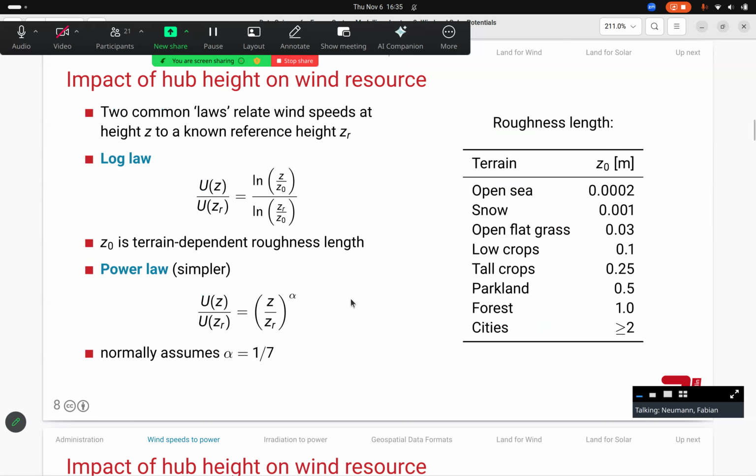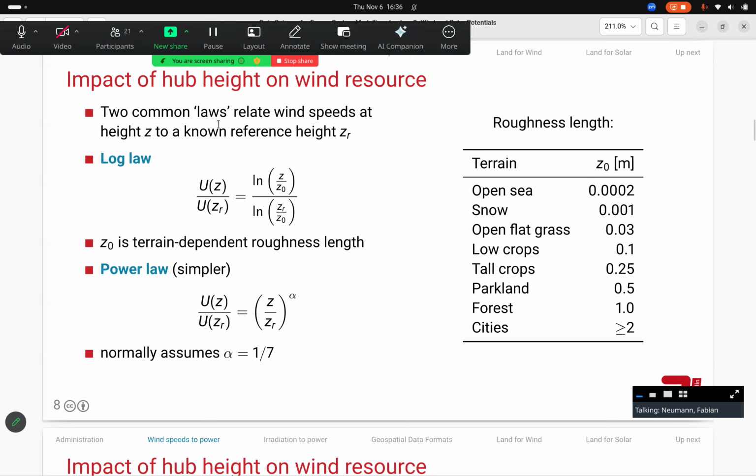So how do we do this? There are two main laws, in quotation marks, that try to scale a known wind speed at a height. I think they are mostly empirical or heuristic values. We want to calculate the wind speed at a height z, and we have the wind speed at a reference height zr.